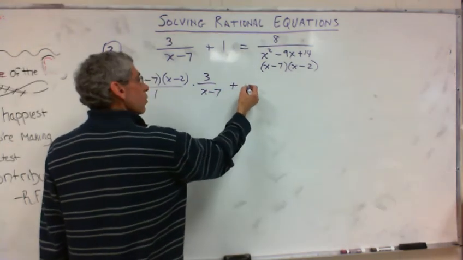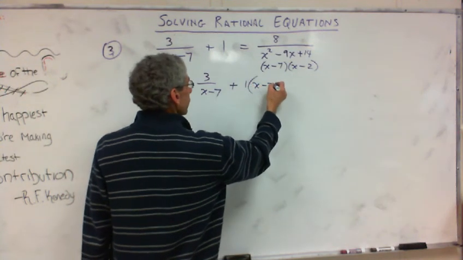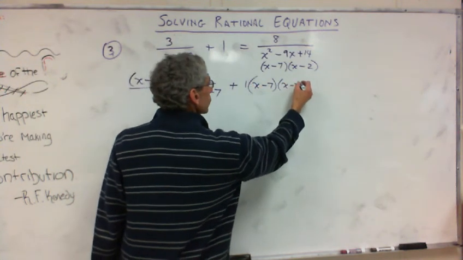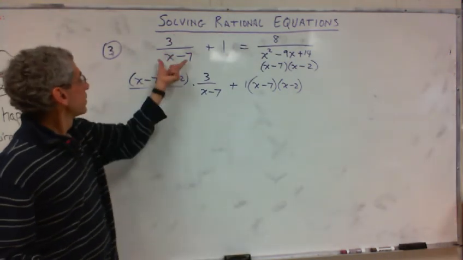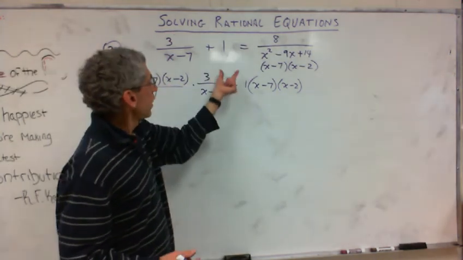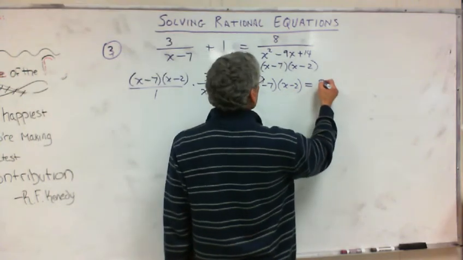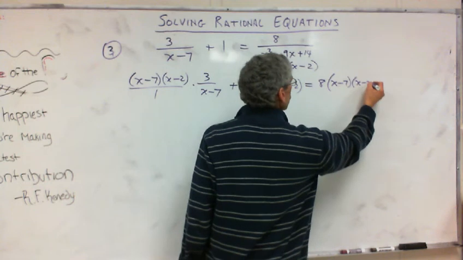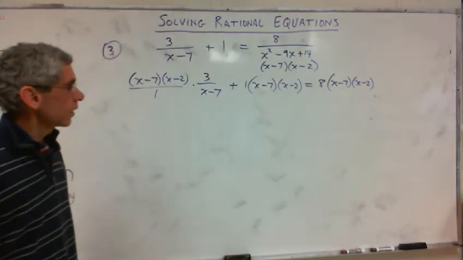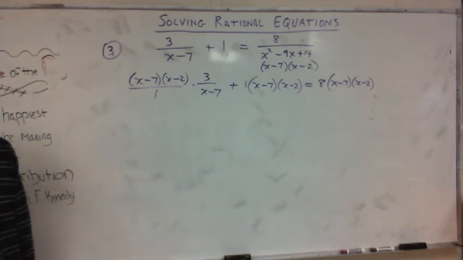Plus, now 1 times x minus 7 times x minus 2, right? You with me? I'm just multiplying this times this. Now I have 8 times this, x minus 7, x minus 2. Everybody see what I did?